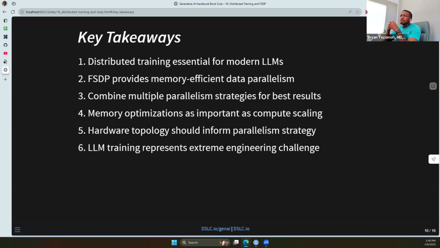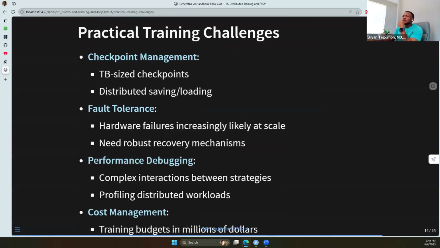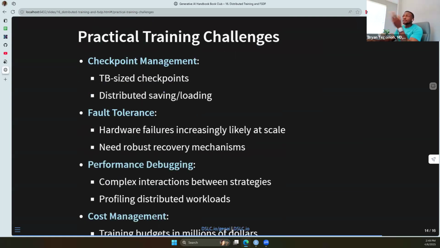Large language model training represents an extreme engineering challenge. I've spoken a lot already in the prior slides about some of the immense things that could go wrong when training the model. But I think the most fundamental thing I wanted us to take away from this chapter is that distributed training is absolutely vital for modern large language models.